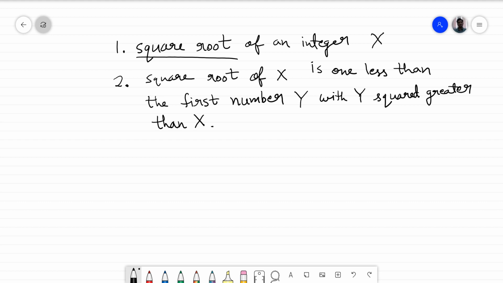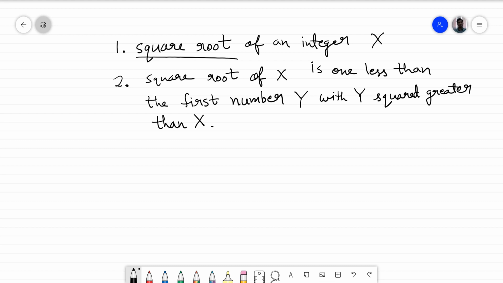Let's say you want to find the square root of 16. So what you'll do is you'll go from 0, 1, 2, 3 and so on, find the square of 2, it gives you 4, it is less than 16. Find the square of 3, it gives you 9, which is less than 16.